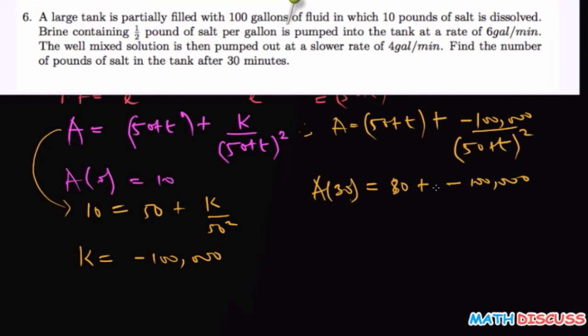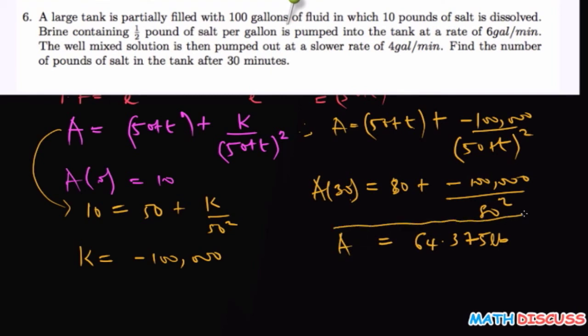I decided to leave the negative sign just not to confuse some. All over 80 squared. When you punch your calculator, what you have is 375 pounds. So this is the amount of salt in the tank at time t equals 30. So that solves the problem.